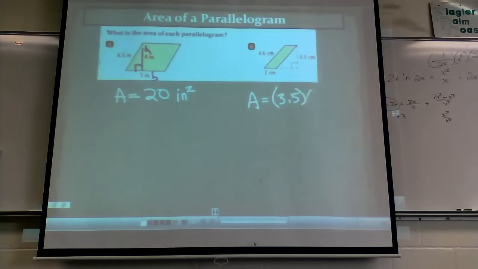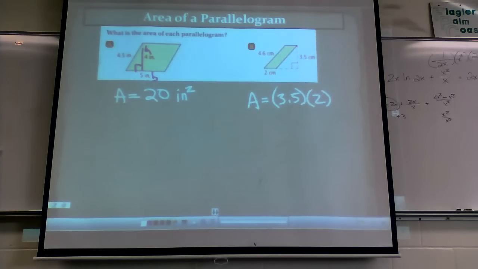I try and show you examples with these because the dashed lines sometimes throw people off. This dashed line here is just extended to show you that this height is perpendicular with this base. You never include the dashed lines. Like for the base, you don't find this number right here and then add them together. This isn't technically any part of the base.